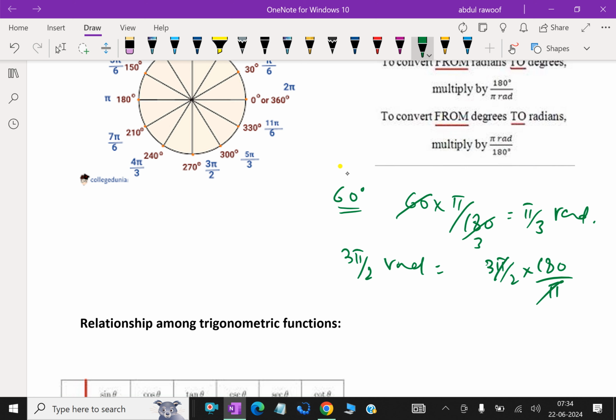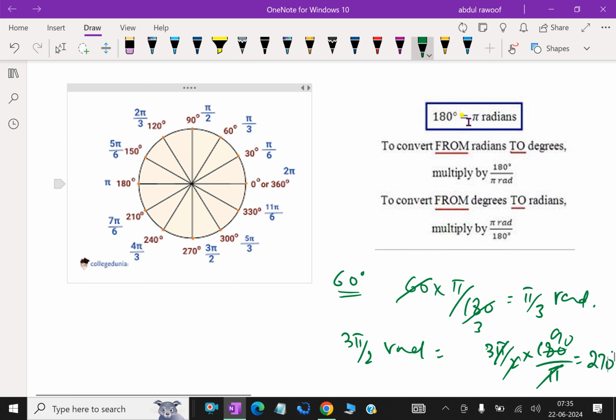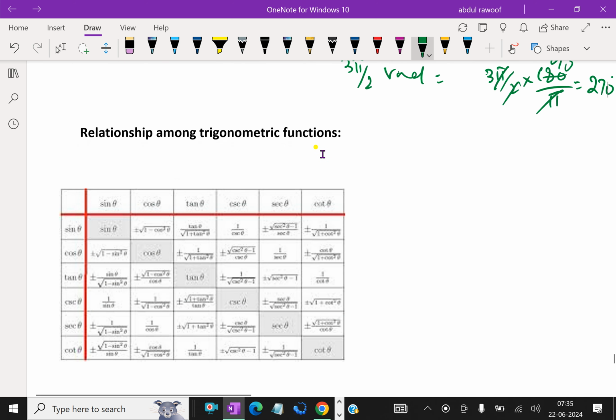This pi cancels, this is 90, then it equals 270 degrees. That is, 3 pi by 2 is 270 degrees. Conversion this way is easier. Also it is easier to remember pi radians equal to 180 degrees. From that we can get all the relations.